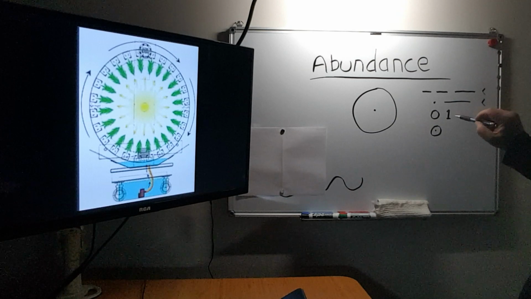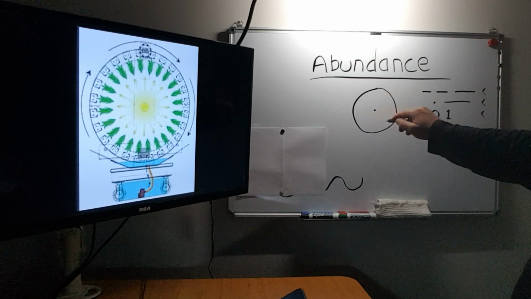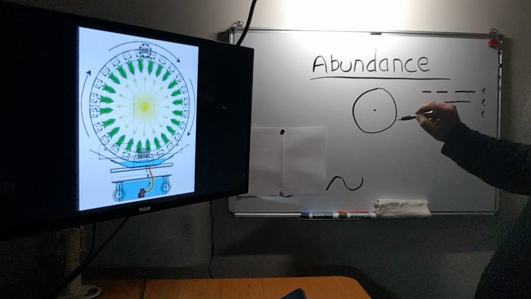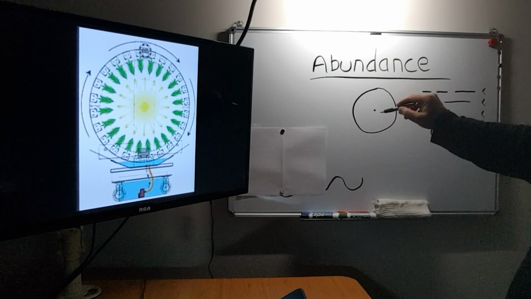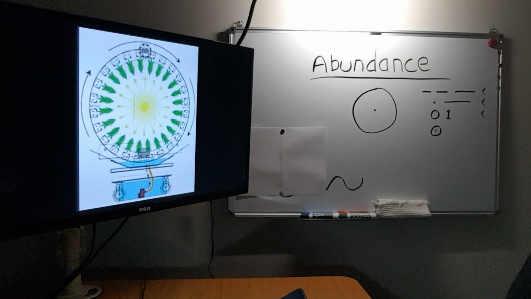And then I would argue that the optimal binary relationship is the 1 in the center. So your dot is there and your line is the circle.